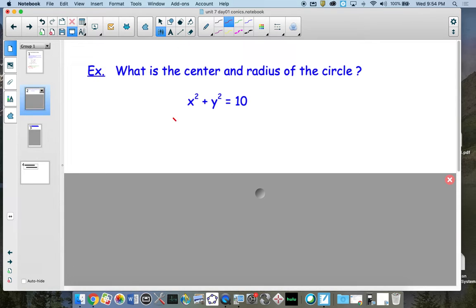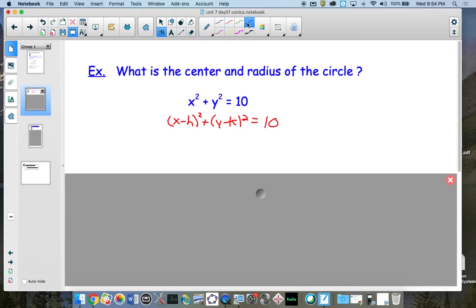Okay, this is rather obvious, but if you think of our general formula, there's no parentheses in this problem. The x squared, you can think of as x minus 0 squared plus y minus 0 squared.